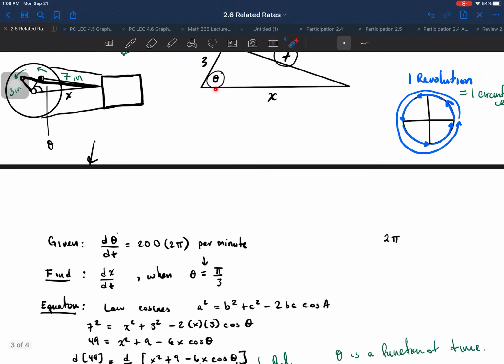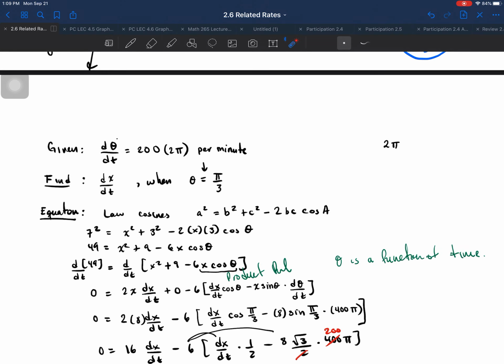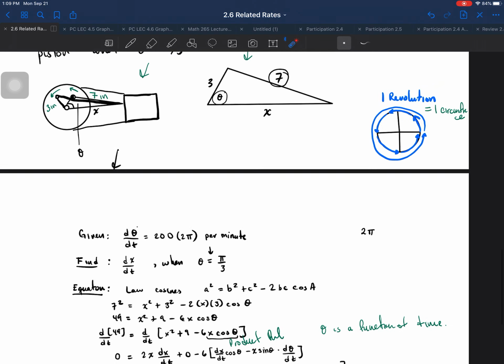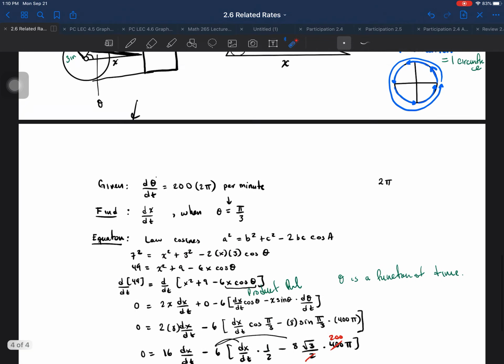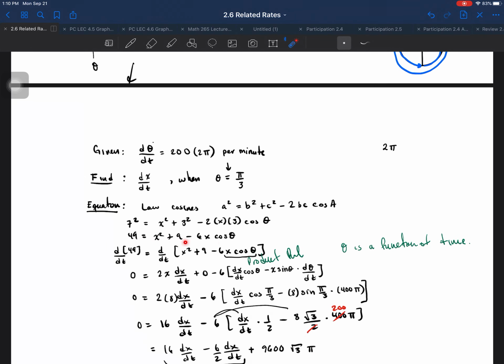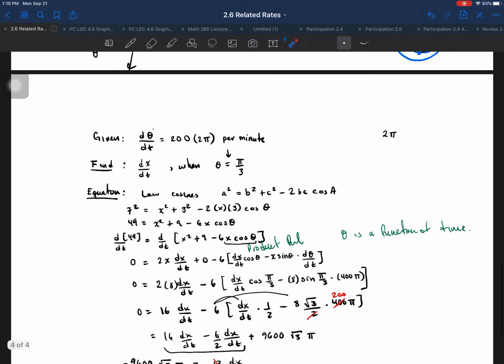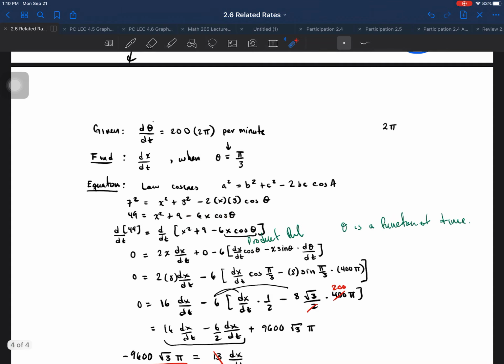These two have to be opposite of each other: this side is little a, this angle is big A. Now use that information to set up the cosine equation. The opposite side is 7 squared, one of the sides is x squared, the other side is 3 squared, and then we have x and 3, and you just simplify, and that gives us this equation relating x and theta.